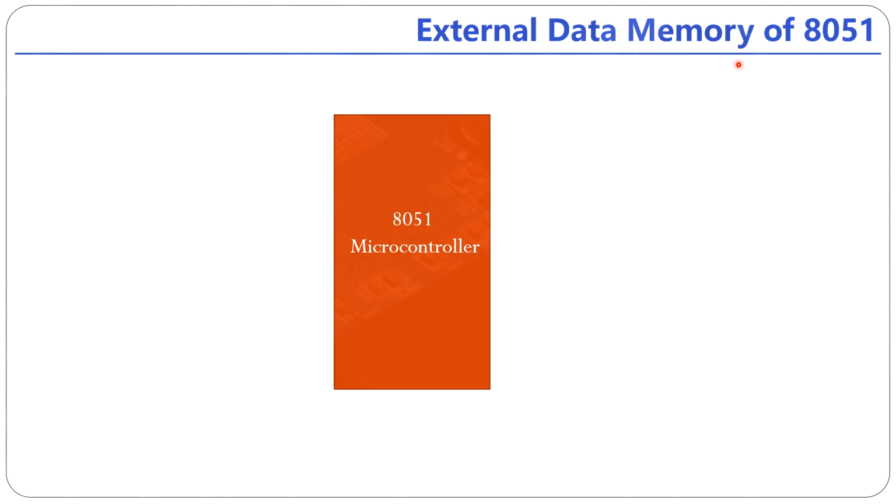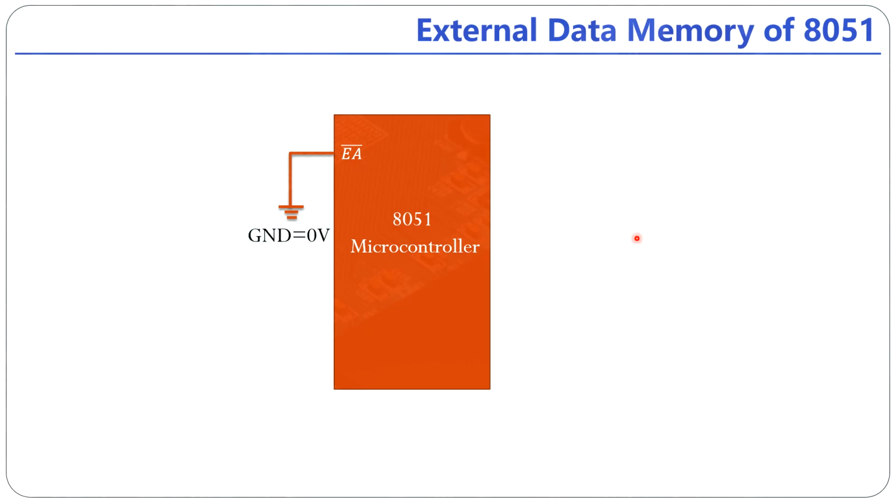Now, we will see here external data memory of the 8051 microcontroller. This is the microcontroller 8051, right? Now we want to connect this 0 voltage to the EA pin, that is the external access pin.